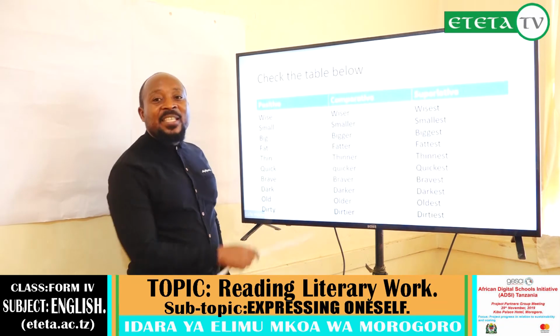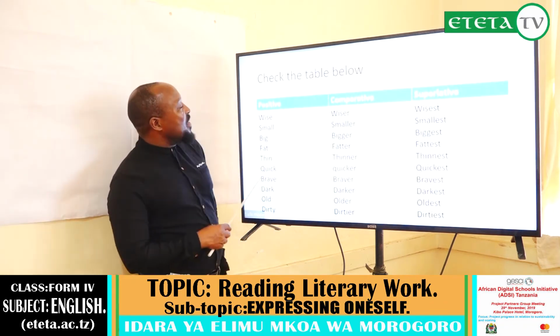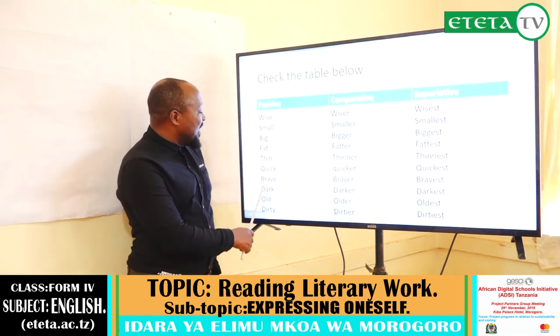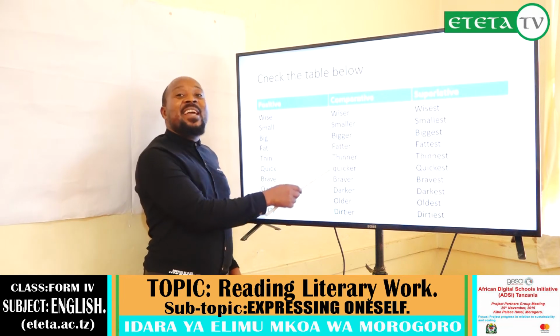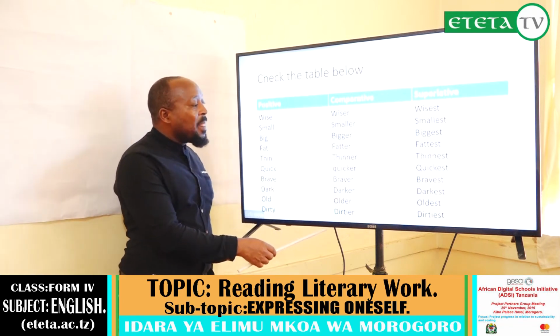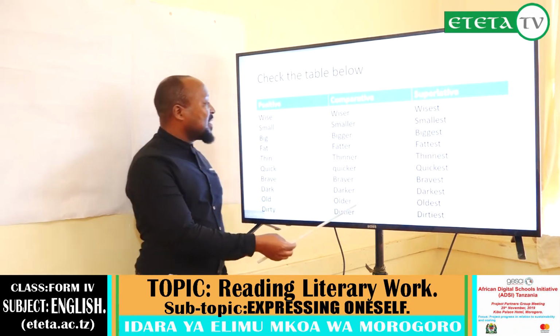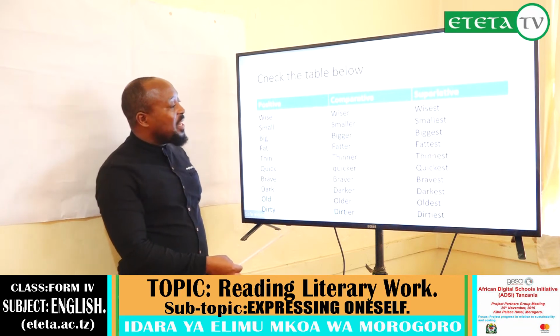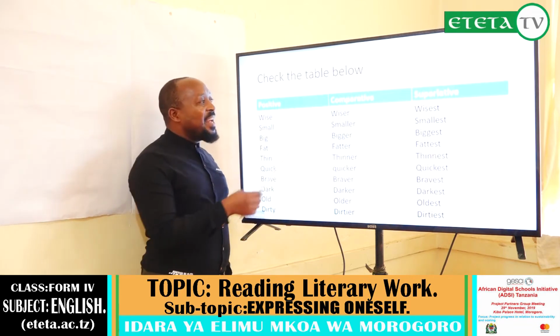Try to check these examples right here. As you can see, in the positive we have these words right here. Now when they came to comparative degree, we had to add ER, as you can see in the second chart right here. Now to make them superlative, we added EST, as you can see. So at least this one here will help you: we have wise, and then wiser and wisest.